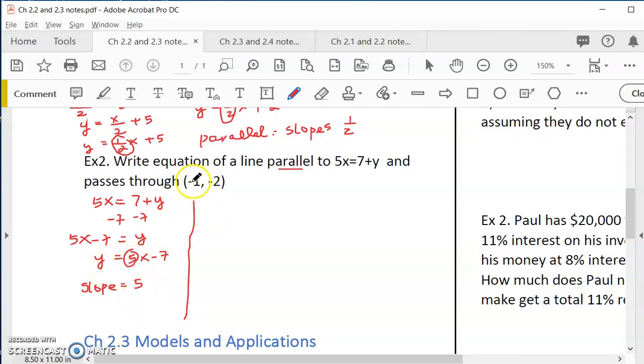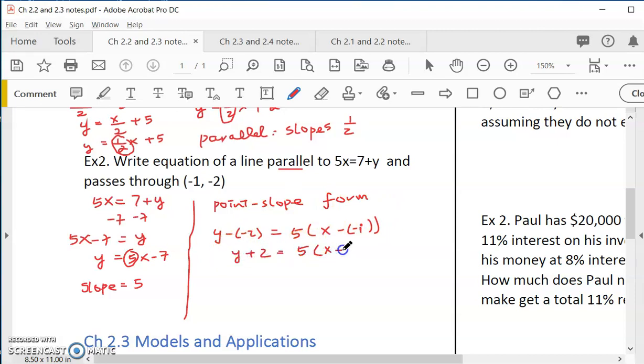The slope is equal to 5, but it has to pass through this point. So use point-slope form. Point-slope form would be y minus y1, which is y minus -2, is equal to m, which is 5, times x minus x1. In our case, x1 is -1, right? So that means y plus 2 is equal to 5 times (x plus 1).